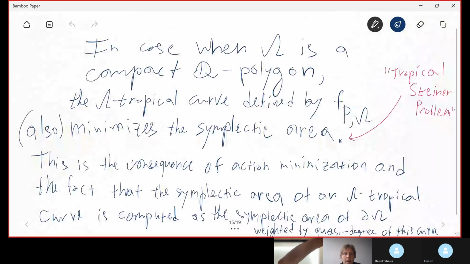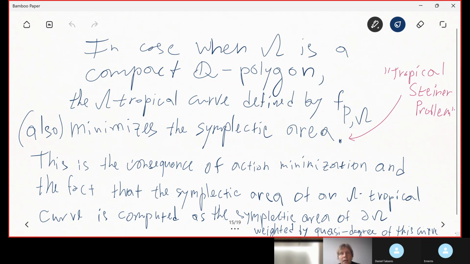Fantastic. So one more comment: there is another minimization problem that this curve solves.